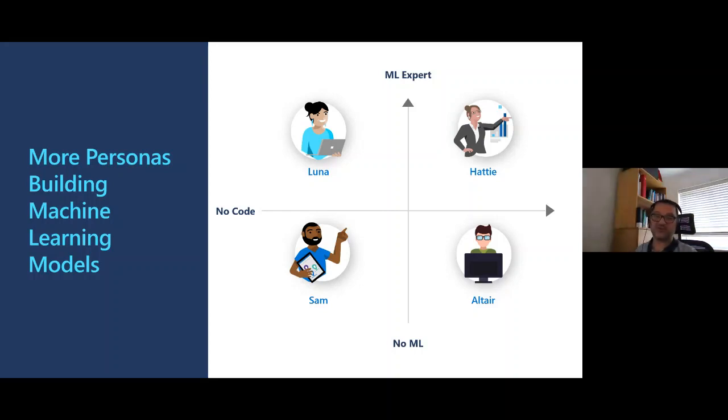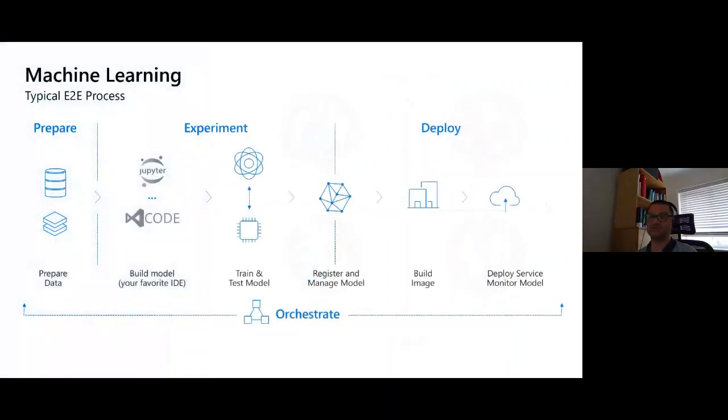Sam, for instance, who doesn't know any coding or who doesn't have a machine learning background can still do machine learning on Azure by simply uploading a data set and using the automated ML functionality there, which will then scan a bunch of algorithms, optimize the parameters, and it will present the results in a visual way. Hati, on the other hand, who is an ML expert, can write any custom code she likes in PyTorch or whatever she prefers, and then can deploy these systems fully scalable. And we also have solutions for Luna and Altair as well, which I'm hoping to cover in this session as long as time allows.